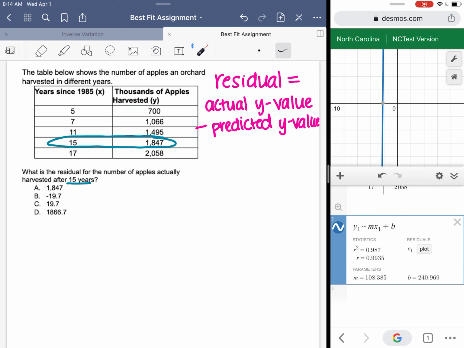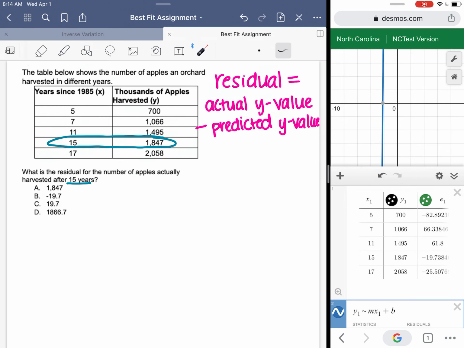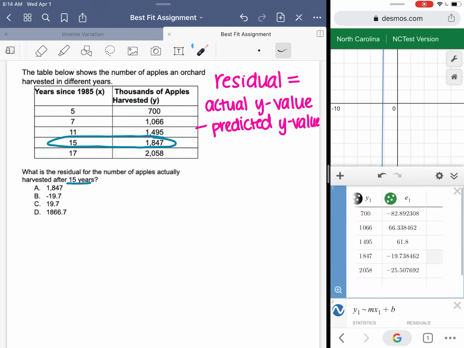And when we do that, then this little button pops up that says residuals. So when I click this button, notice what happened in my table. I got a new column. So what these residuals mean is that these are the differences in the actual amount of whatever the y value was minus the predicted amount for that y value.